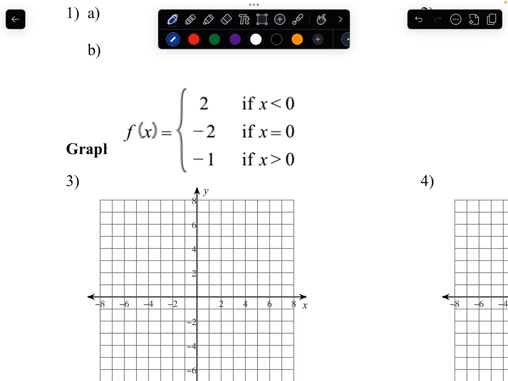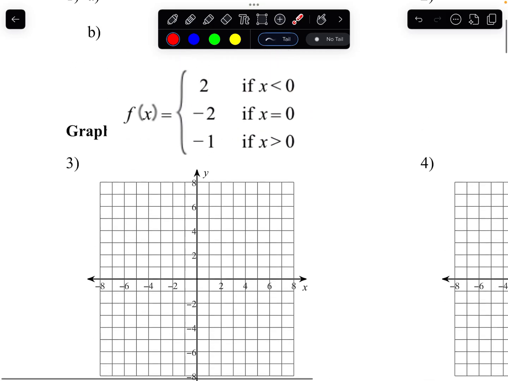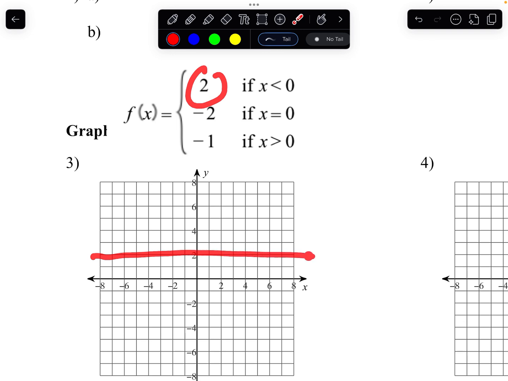All right, so for this one right here, kind of following the same thing. So we're going to have 2, but this isn't going to be just a line segment where one side is closed and one side is open. In this case, this will be a ray because we want it to be less than 0. So we have 2. So 2 should be a line like this right here, but it should be open right here.